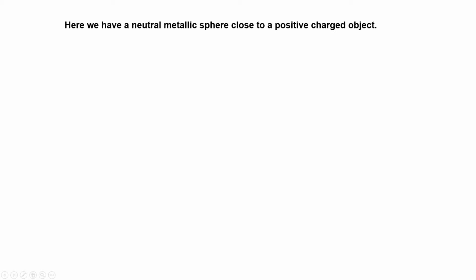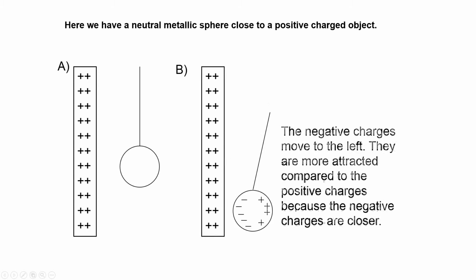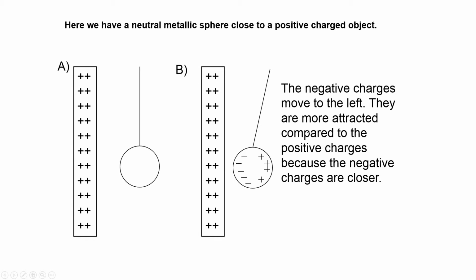The flow of water. Well, we have a neutral metallic sphere in this example. Here's the neutral metallic sphere close to a positively charged object. What happens? Well, the electrons will all move to the left side because they're attracted to the positively charged object.